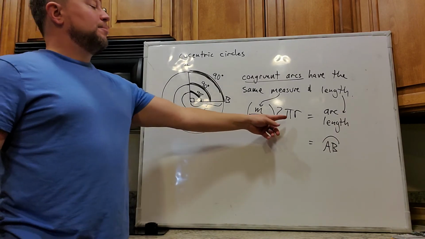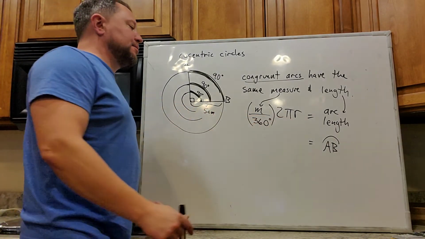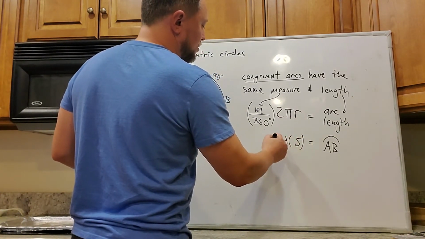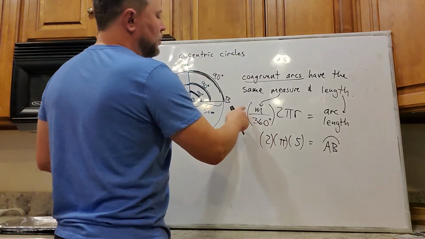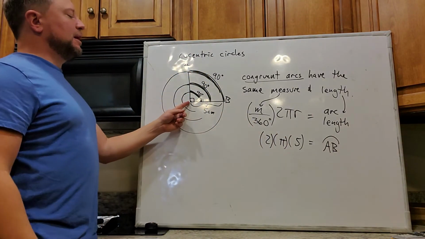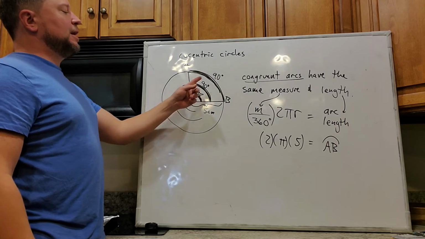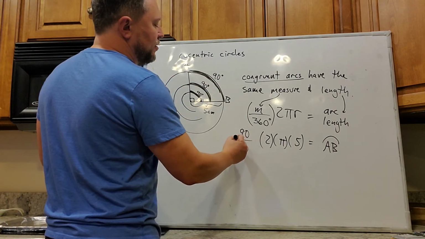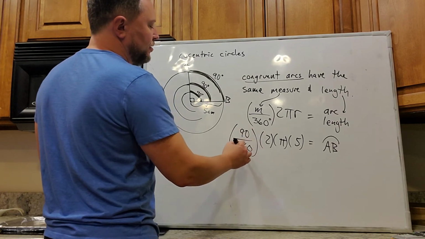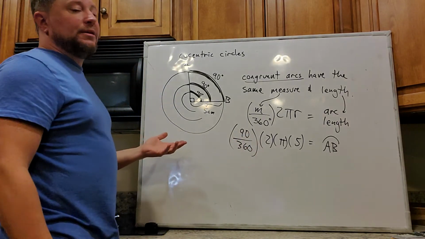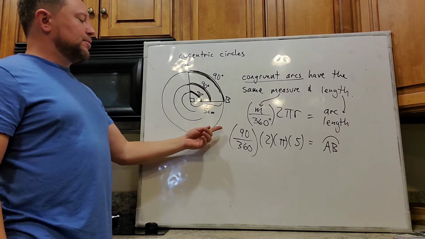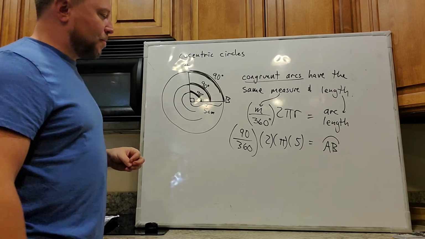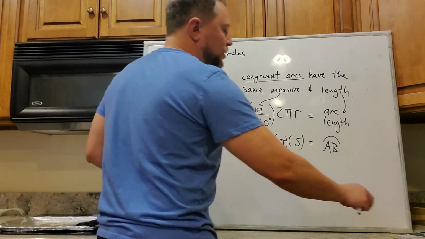So I'm going to plug in a 5 centimeters for the radius. And the measure, remember, was based on that central angle. If the angle was 90 degrees, the arc was 90 degrees. So we have 90 degrees out of 360, or you might say 1/4 of a circle, because 90 out of 360 reduces to 1/4. Okay, we're going to plug all that into our calculator.